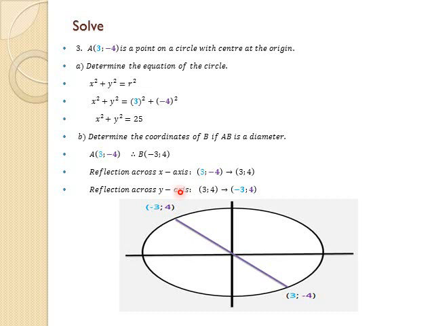So for the y-axis, my x value changes sign. So it goes from 3 and 4 to negative 3 and 4. So to go from there to there, and for it to be a diameter, simply what's happening is my x value went from 3 to minus 3, and my y value went from negative 4 to 4. Right? So therefore the coordinates of P then is minus 3 and 4.